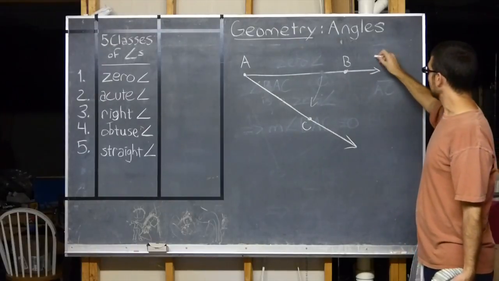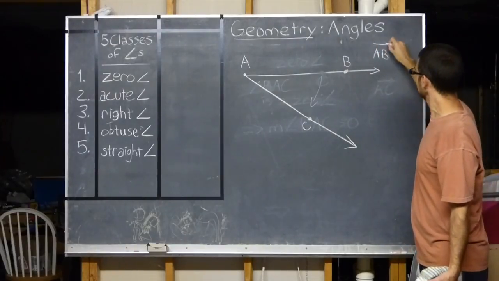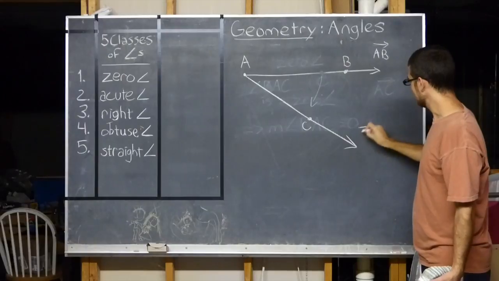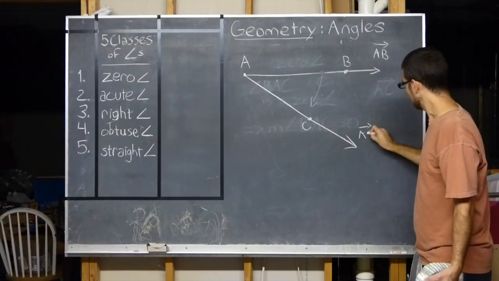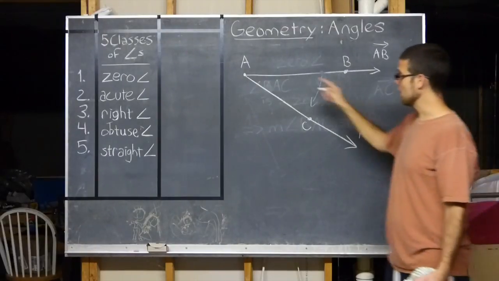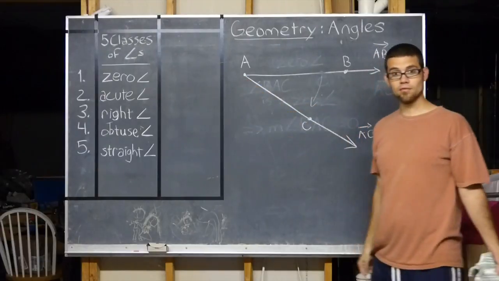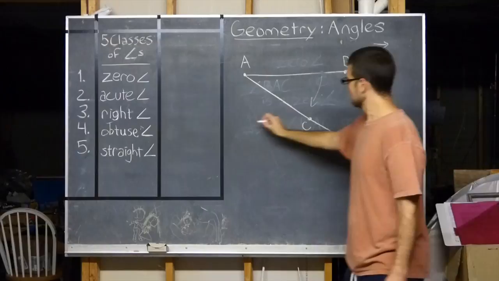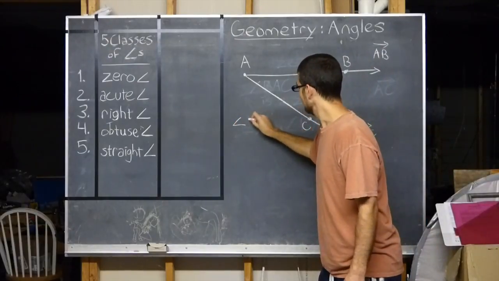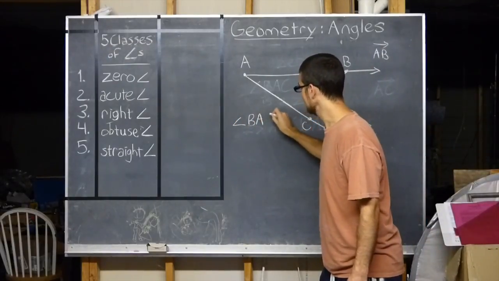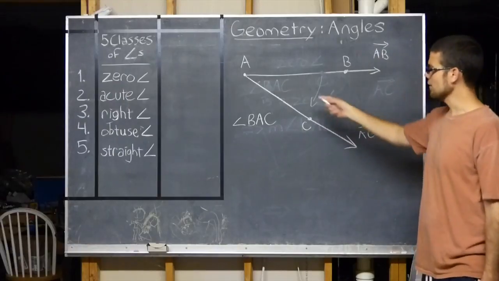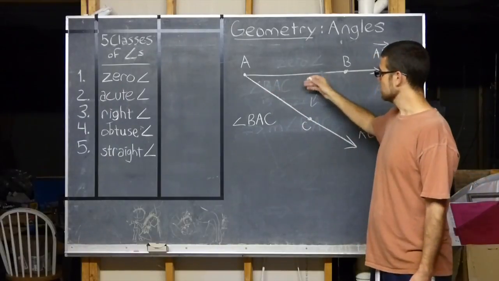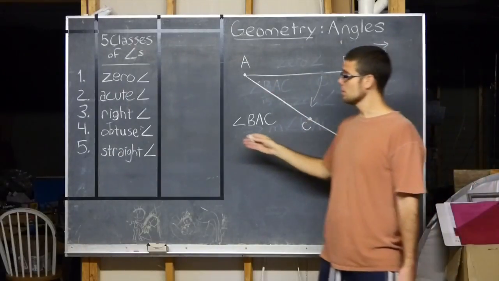And now we have ray AB and ray AC, and they are sharing the vertex A. So we have this angle BAC. Now its measurement is greater than 0.